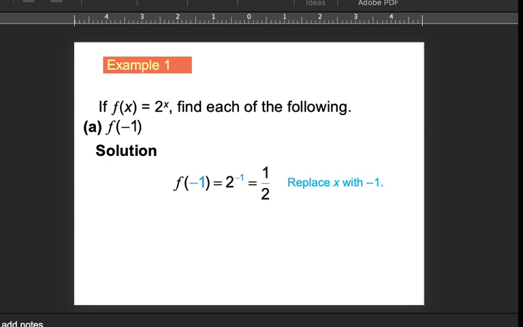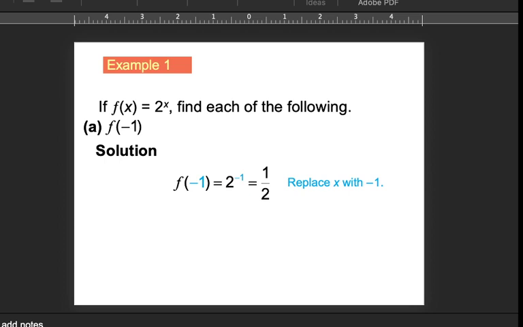So let's look at this example. If f of x equals 2 to the x power, we have to evaluate. This shouldn't be too difficult. This is good practice with the negative exponent. If we have 2 raised to the power of -1, as was mentioned before, all that means is that the base is in the wrong place, for lack of better words.